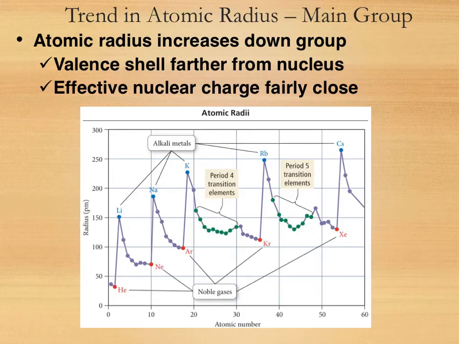All right, so let's look at a type of graph that's very commonly presented to talk about periodic trends. In this case, again, the trend in atomic radius. When they say main group, that means everything but transition metals, because they always behave kind of weirdly. It is organized by atomic number across the x-axis.